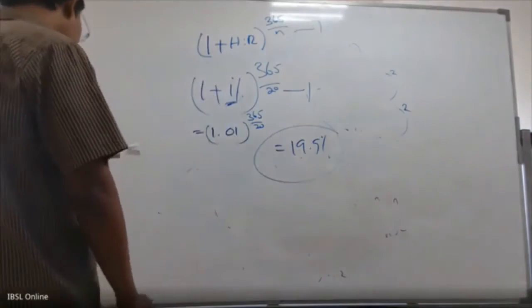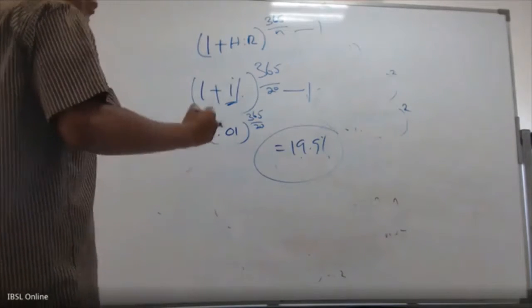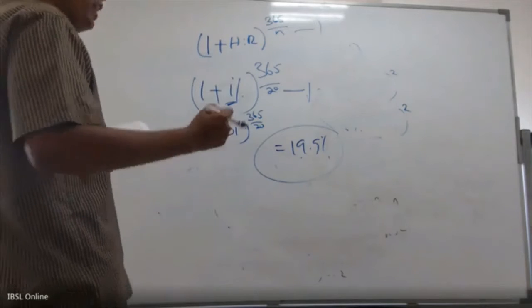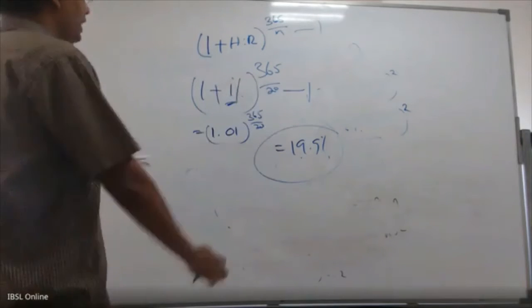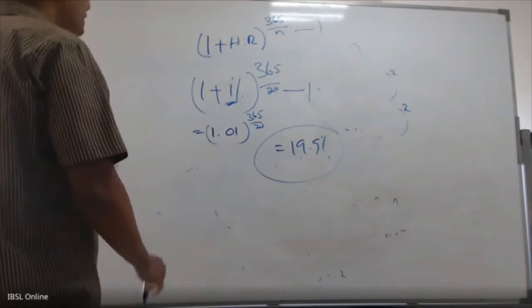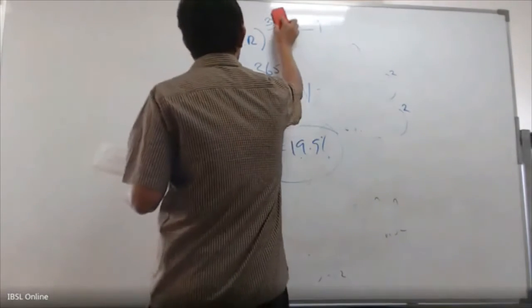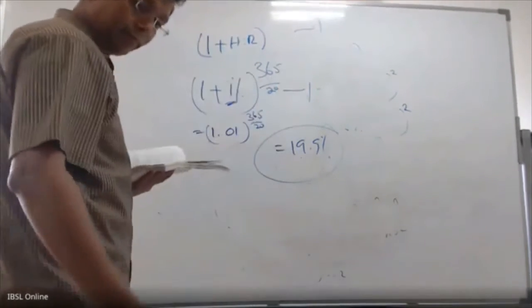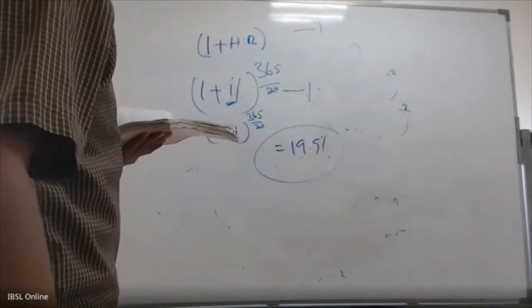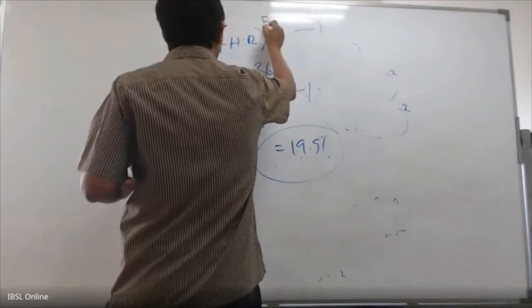Now this is the second question. If an investor earns a return of 1.2% during 5 weeks, here instead of days we take weeks. How do you do this? Same thing, only this changes. If it is weeks, how many weeks do you have per year? 52 weeks.